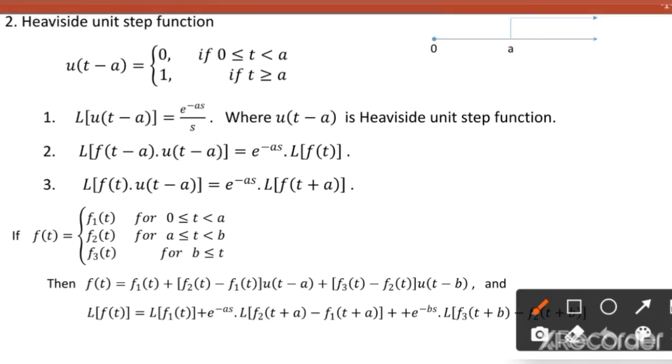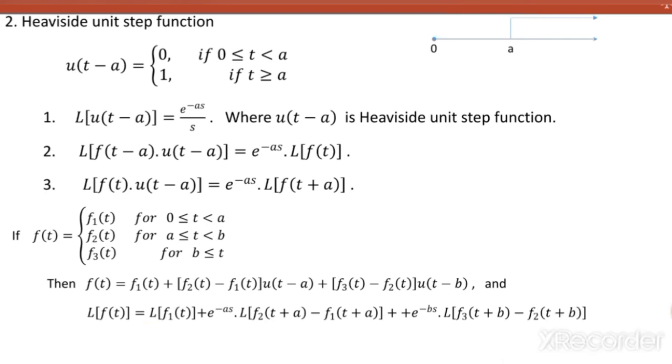First is the direct form, the Laplace transform of f1 of t, but the second one is e power minus as into the Laplace transform of, not directly, we have to first replace t by t plus a. So I have written L of f2 of t plus a minus f1 of t plus a, whereas in the last term it is e power minus bs, L of f3 of t plus b minus f2 of t plus b.